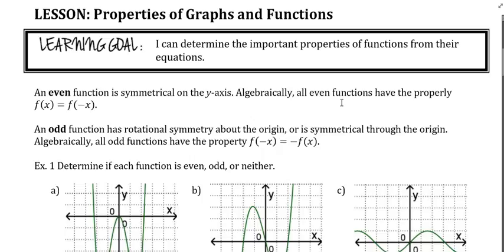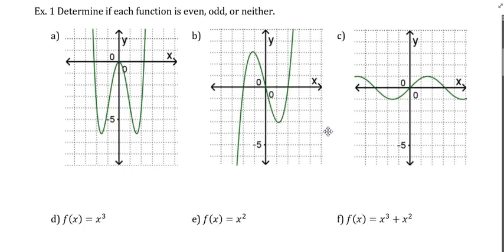Okay, so let's take a look at a couple of easy questions here. Is A, just looking at the picture, even, odd, or neither? Yep, even. Very good. No, there's no trick questions about this.